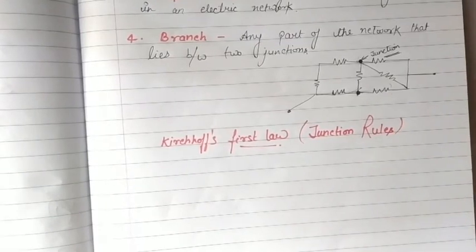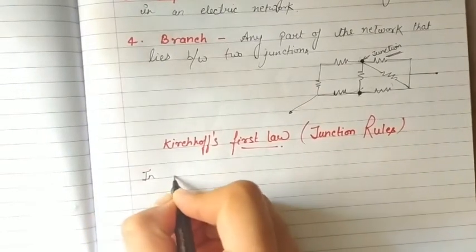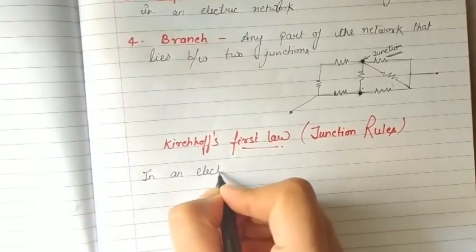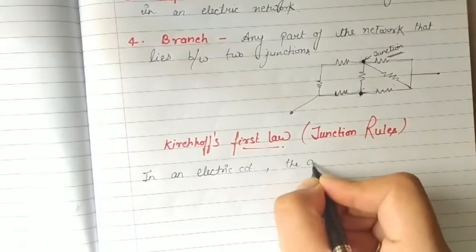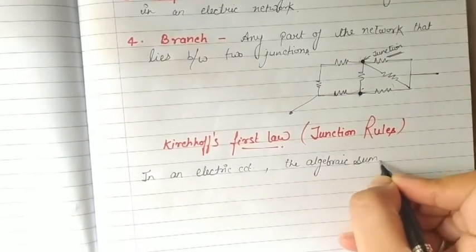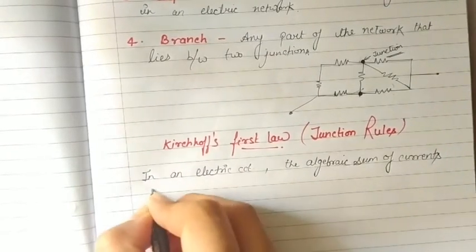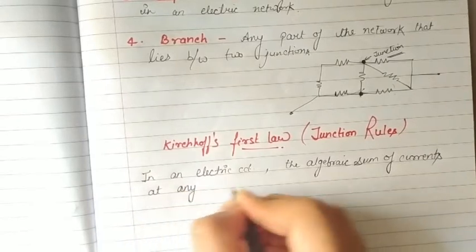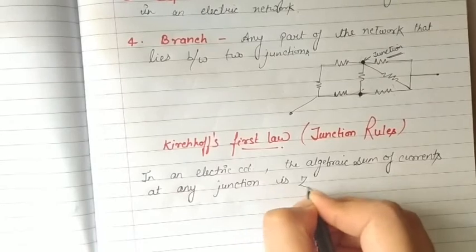So, the statement of Kirchhoff's first law is that in an electric circuit, the algebraic sum of currents at any junction is 0.